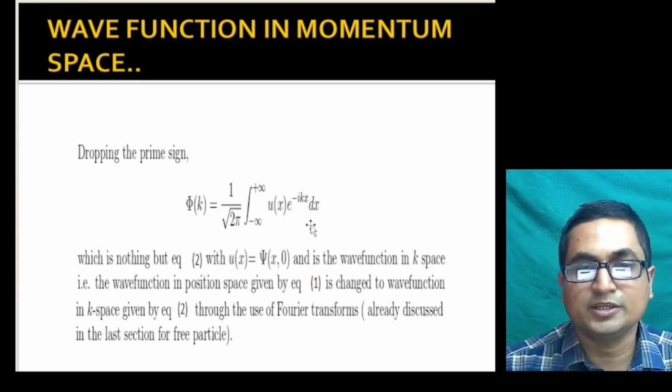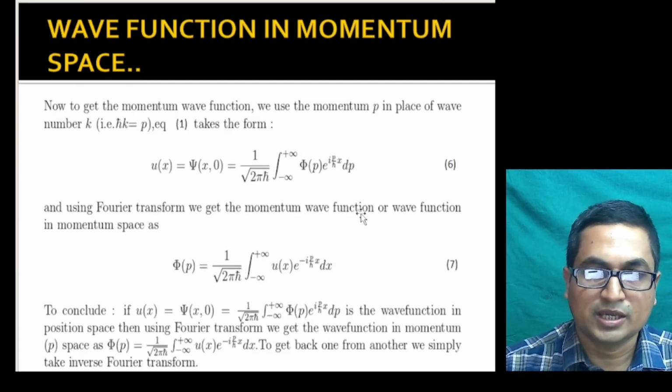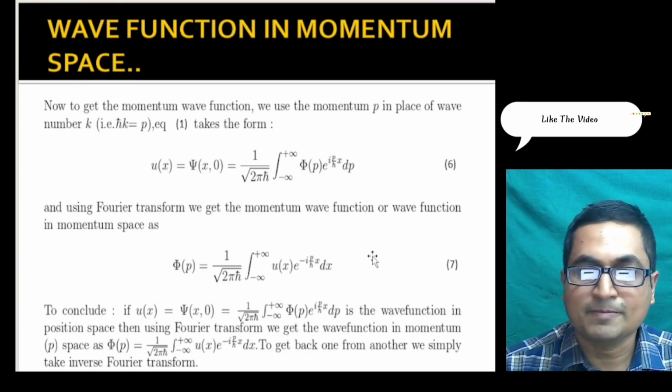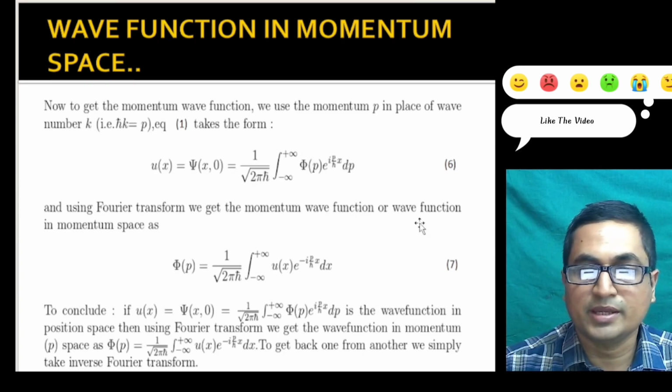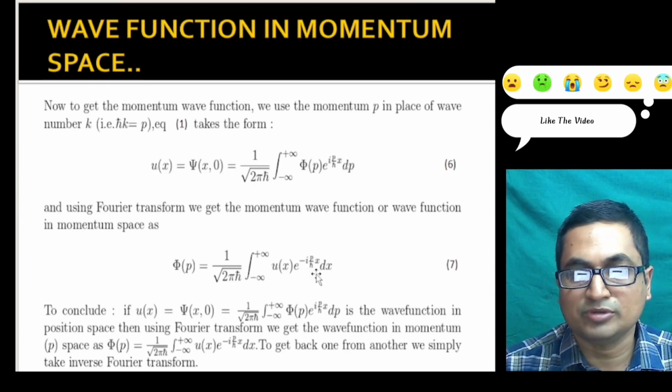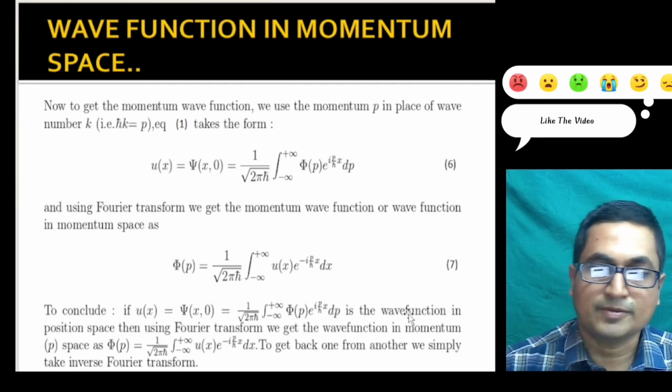This was already done in the free particle case, and equations 6 and 7 are simply this equation. Only thing is that this k is replaced by p by h cross, because p is equal to h cross k.